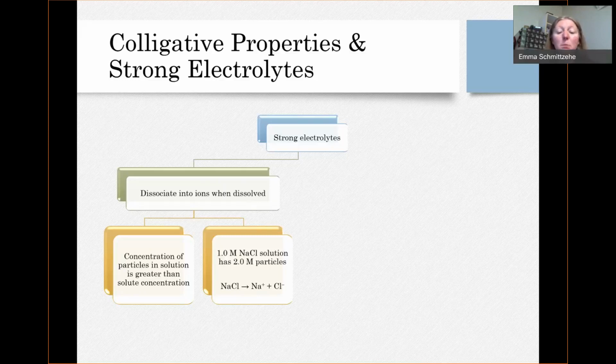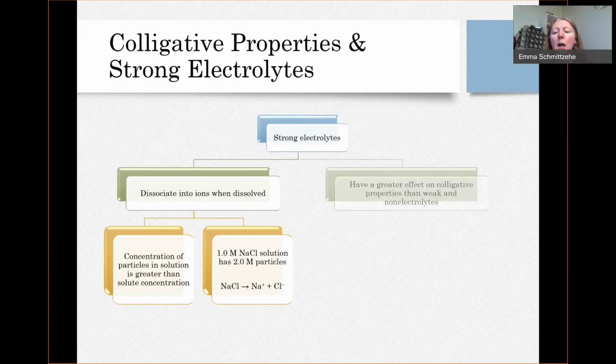That's because when we dissolve sodium chloride in water, we get Na+ and Cl-. So for every 1 NaCl, we get 2 particles, so the concentration is double. And that makes a huge impact on the colligative properties. There's twice the change in the colligative property as if you would have put in a non-electrolyte.